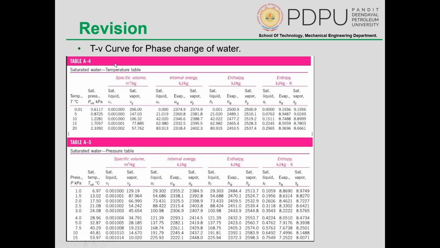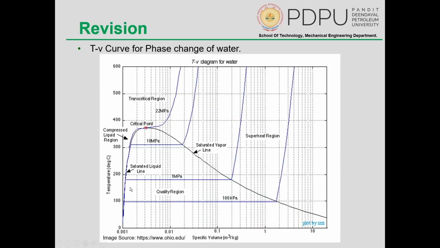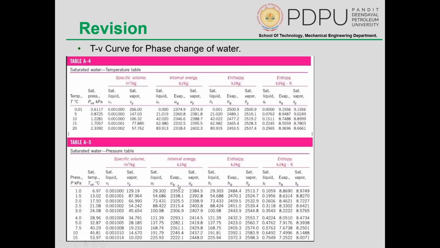The first section is the saturated zone. The saturated zone means the mixture zone, which is denoted inside the curve, and there is a mixture of steam and water. So we have tables A4 and A5. Table A4 is the saturated water temperature table, and A5 is the saturated water pressure table.